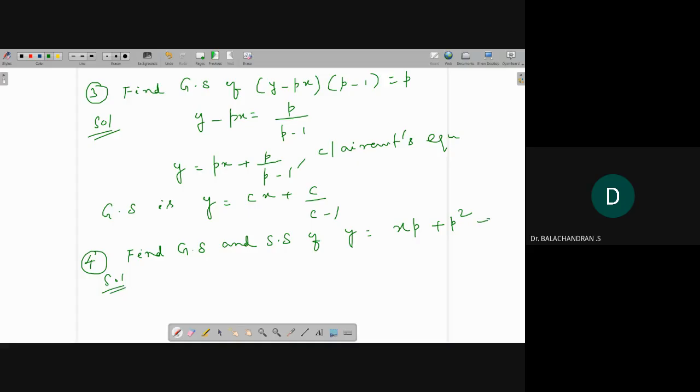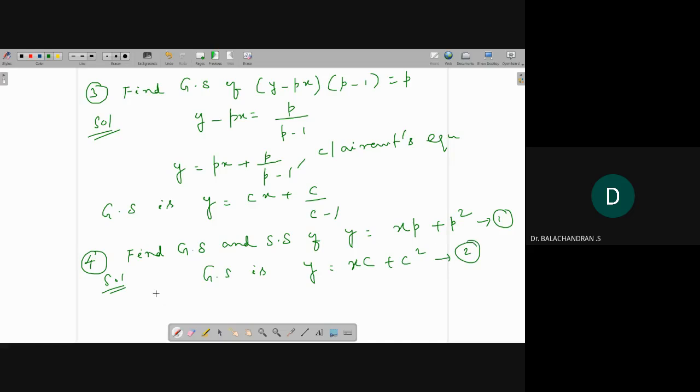So we know that this is the form of Clairaut's equation. So general solution is y is equal to xc plus c square.